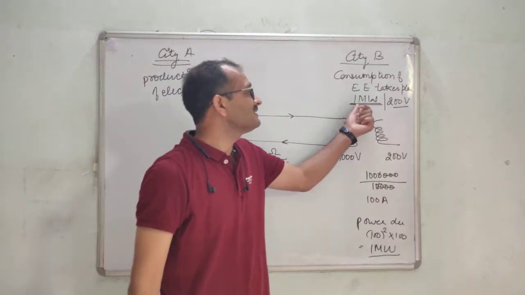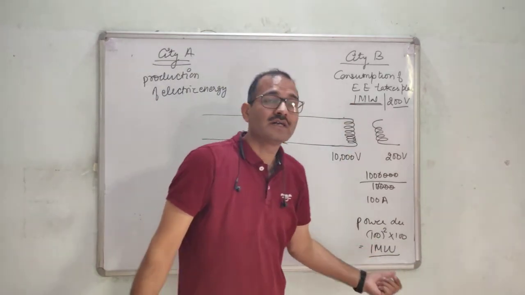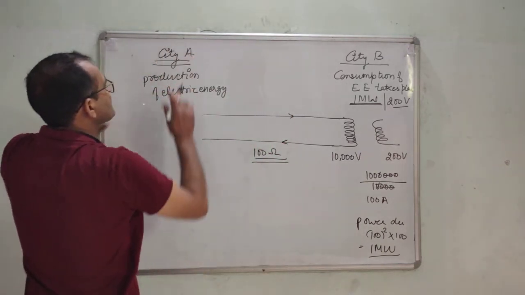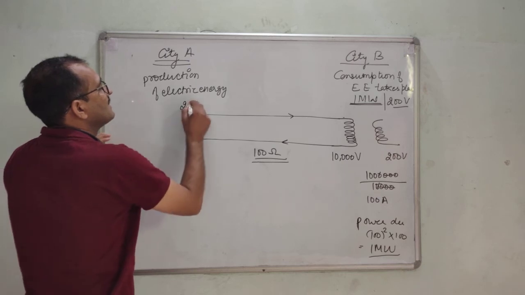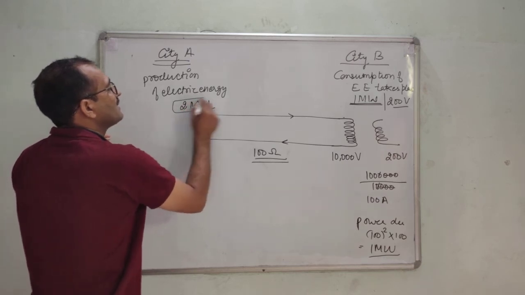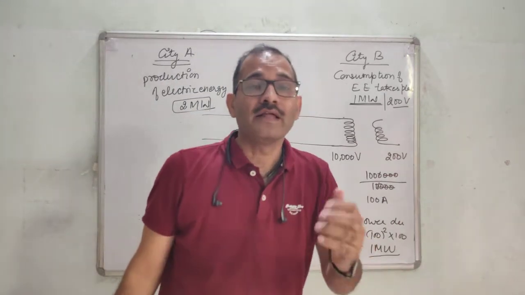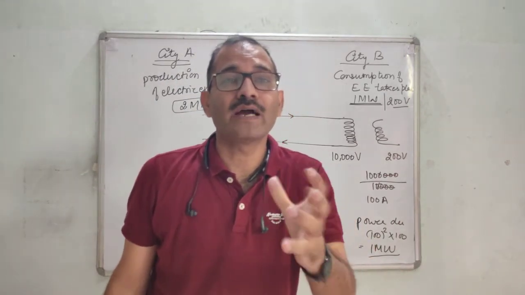1 megawatt of energy is required, and 1 megawatt is dissipated. It means that the production city must produce the energy of 2 megawatt.